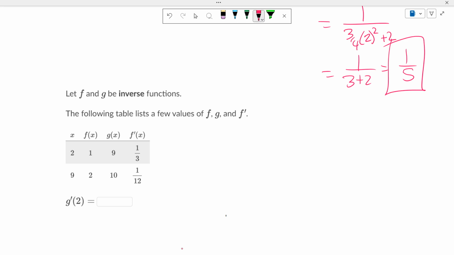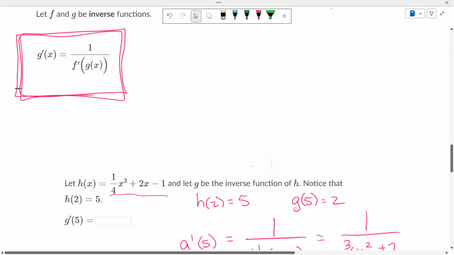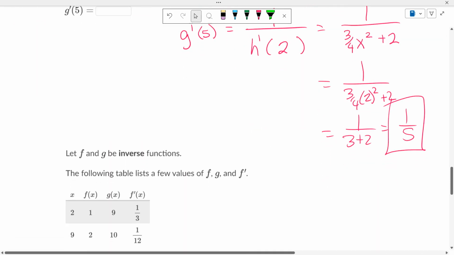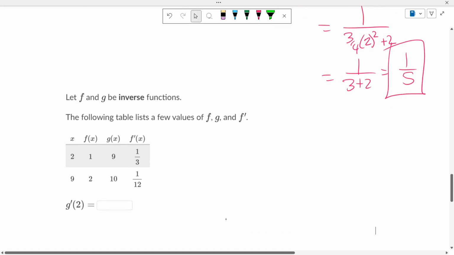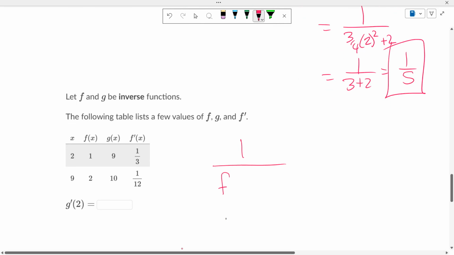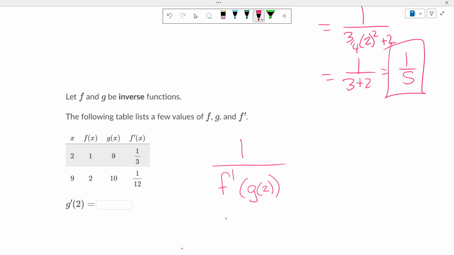Let me go back to the formula. g prime of 2 is 1 over the first derivative of f at g of 2. Well, g of 2 equals 9, right?